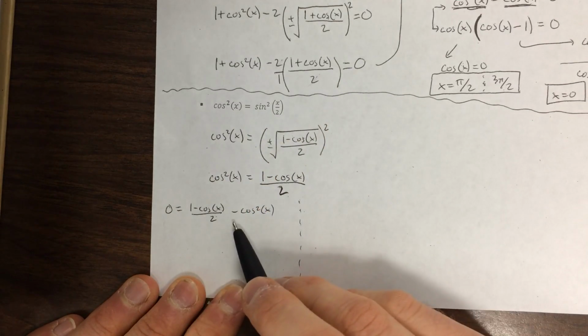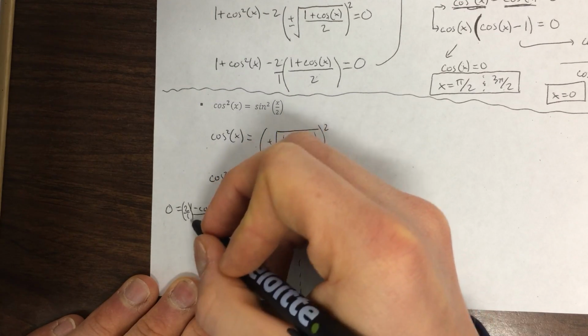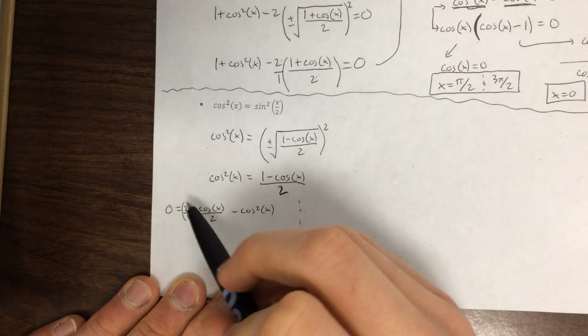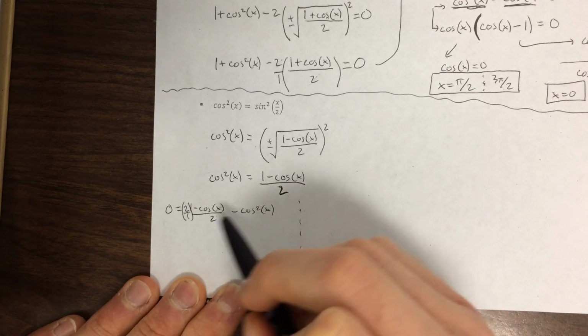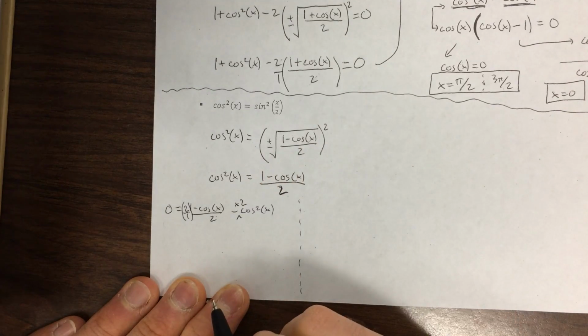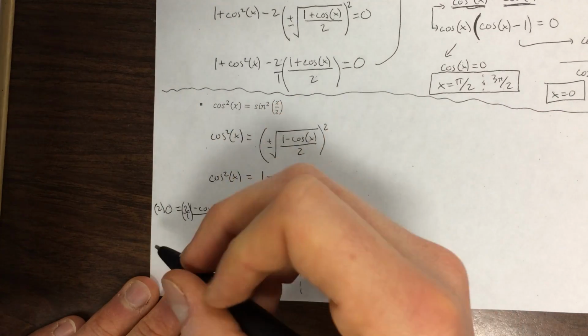Now we want to get rid of this 2, so what we can do is multiply by 2. However, one thing we need to be careful with is if we multiply this by 2, you're really multiplying the entire side by 2. So we also need to multiply this cosine by 2 as well to make sure it's distributed properly, right? We're multiplying both sides.